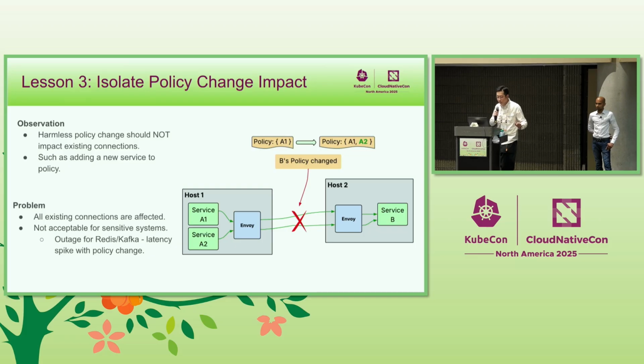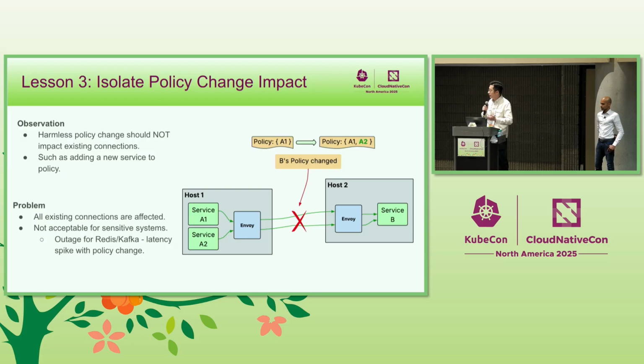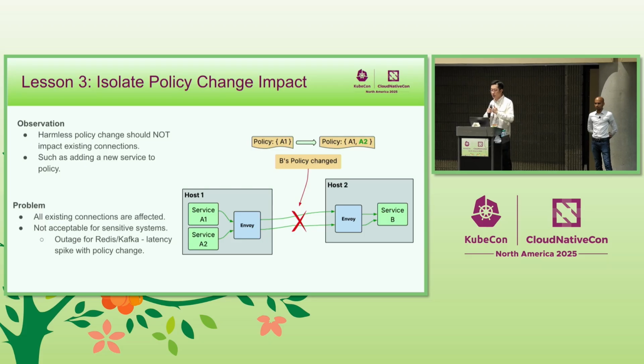This is a problem because for some latency-sensitive applications and services, it's not acceptable to close those existing connections at all. For example, we caused a small outage for our Redis and Kafka. It causes a latency spike when people are pushing policy changes because it closes existing connections to those services.